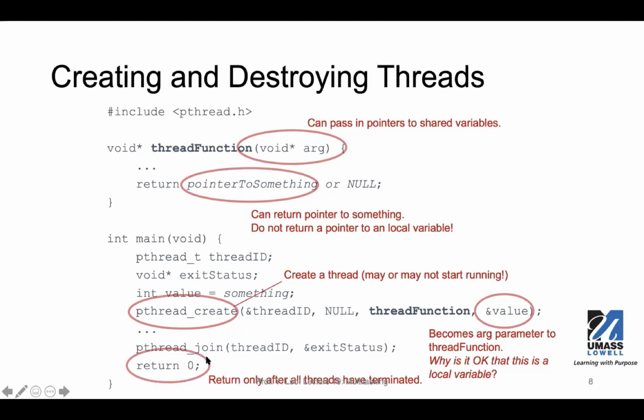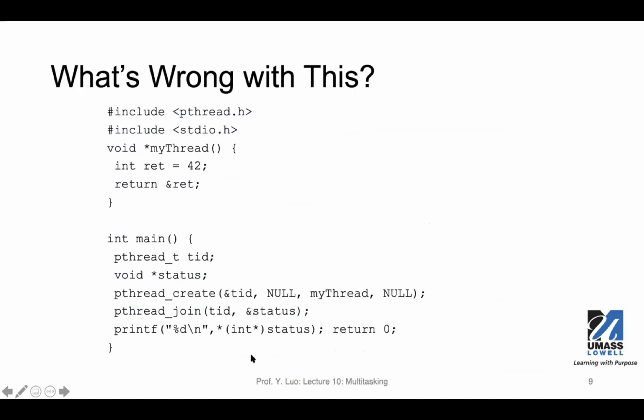Yeah, here, because the thread join returns only after all the threads have terminated. Okay, so this is the kind of example I was talking about earlier. We have one thread function that I want to use. It's called myThread, and it declares a local variable, assigns the value of 42, and then returns the pointer to this variable.